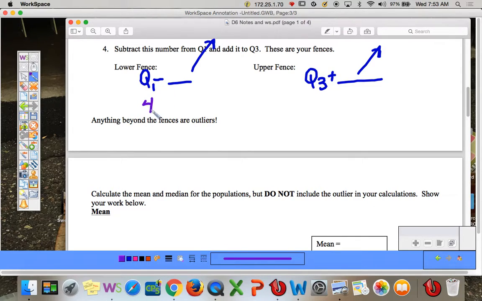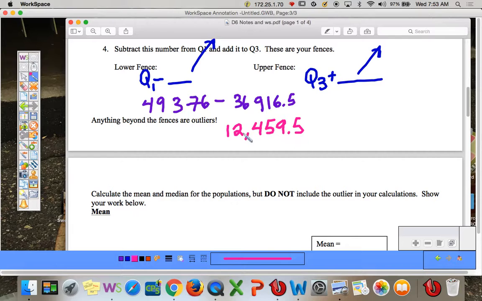So I wrote down the numbers. 49,376 was Q1, minus the number which was 36,916.5. That's the lower fence. And for that, I got 12,459.5. So anything below this is an outlier. We can see Hopkins is not below this. Hopkins is not an outlier. Let's look at the upper fence.